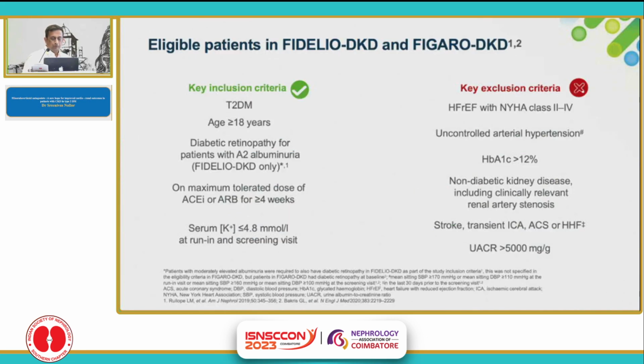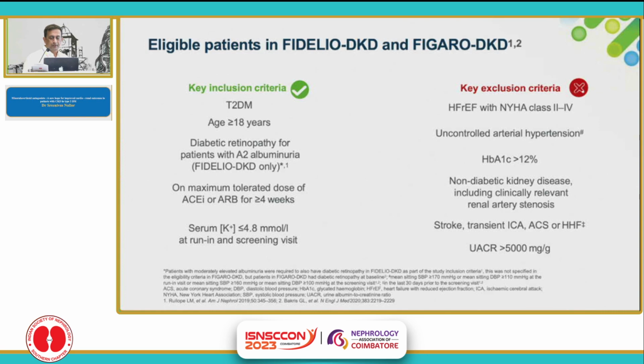So if you look broadly at eligible patients in Fidelio-DKD and Figaro-DKD, key inclusion criteria, they had to be diabetics, age more than 18 years. Diabetic retinopathy should have been there for patients with A2 albuminuria on maximum tolerated dose of ACE inhibitors or ARBs for at least 4 weeks. Serum potassium less than 4.8 at run-in and screening visit.